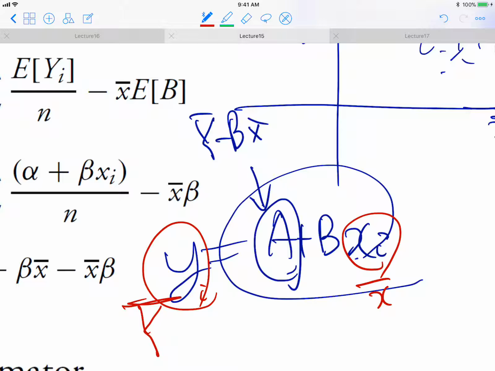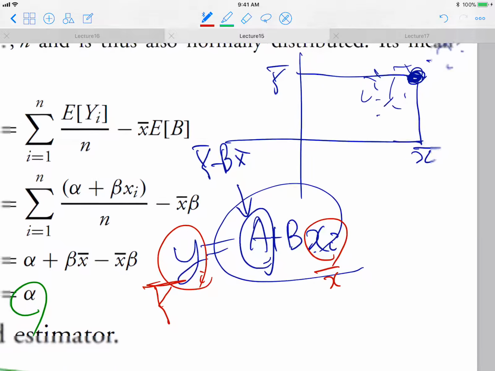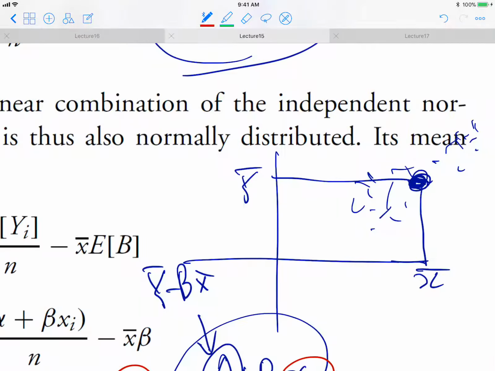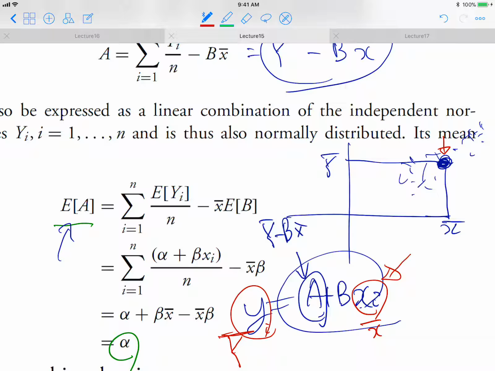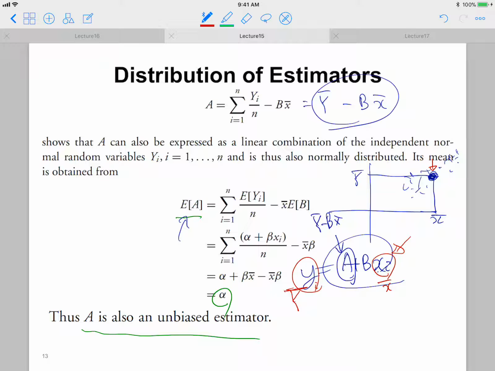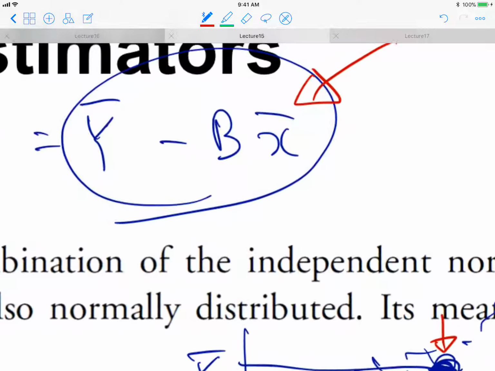So you can think of this process as first determining the slope, and then adjusting our y-intercept so that this center point always passes through our regression line. Now let's look at this form.